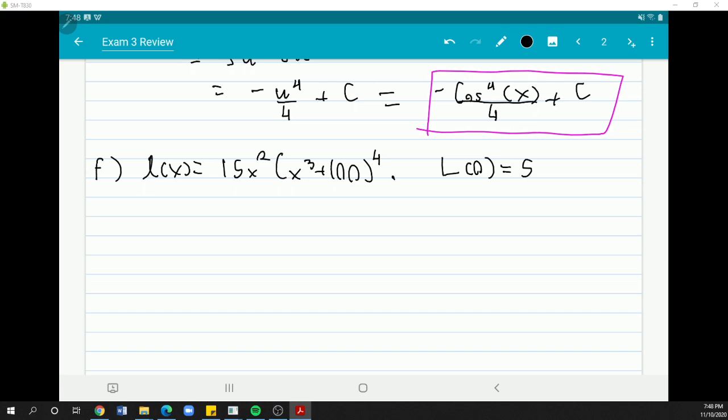So again, here we have another u substitution. So it's telling me to find an antiderivative, so I can say that's the same thing as taking an indefinite integral, dx. So I let u be equal to, well, I see some x cubed stuff and I see some x squared stuff.